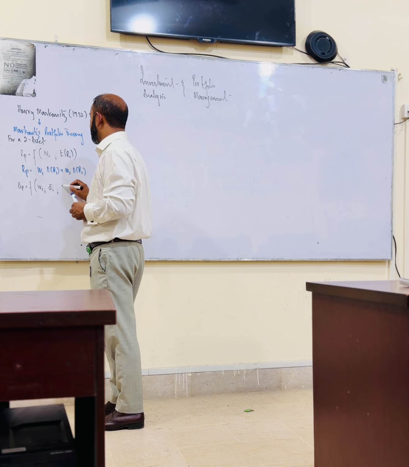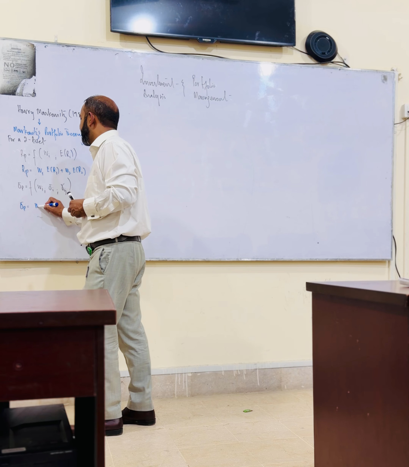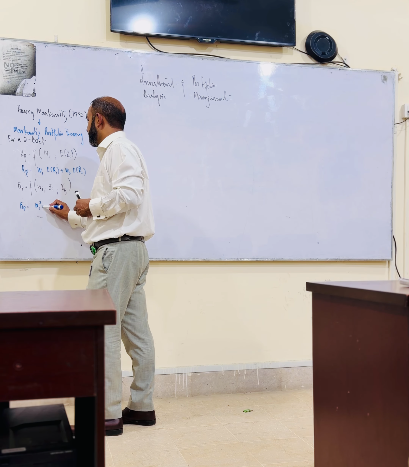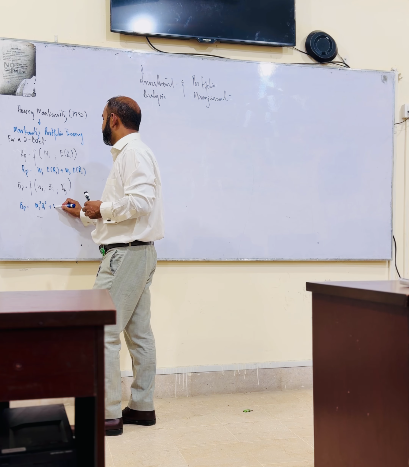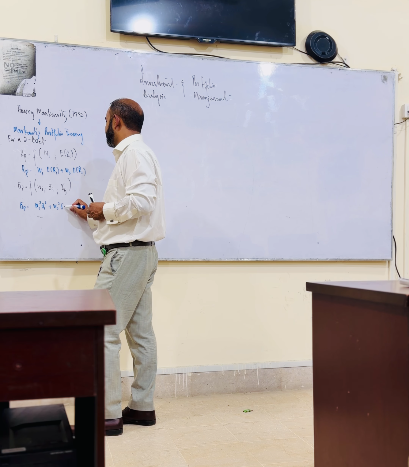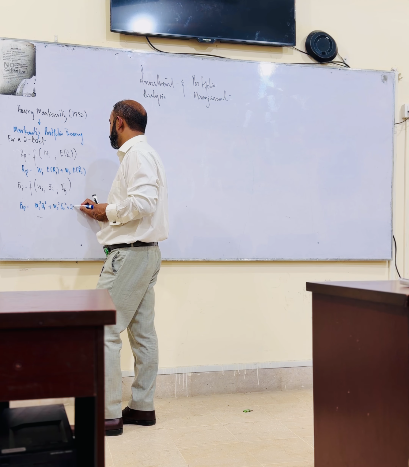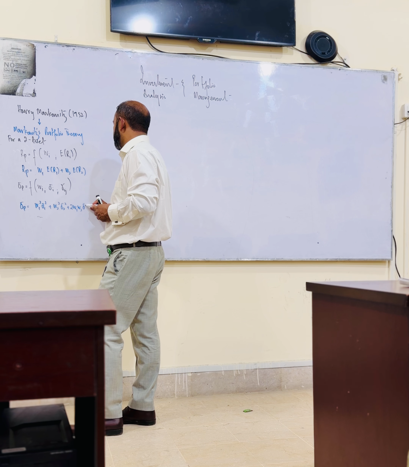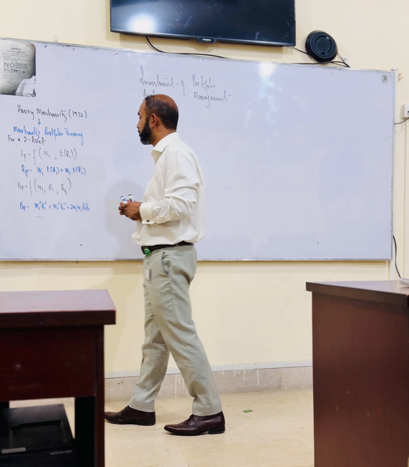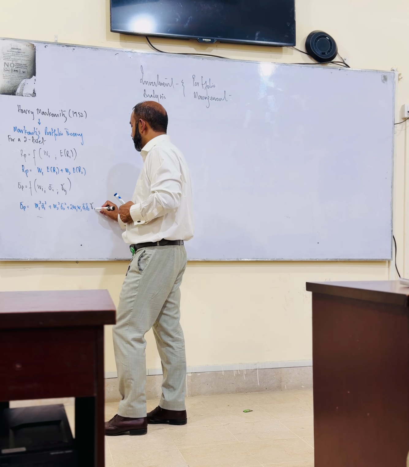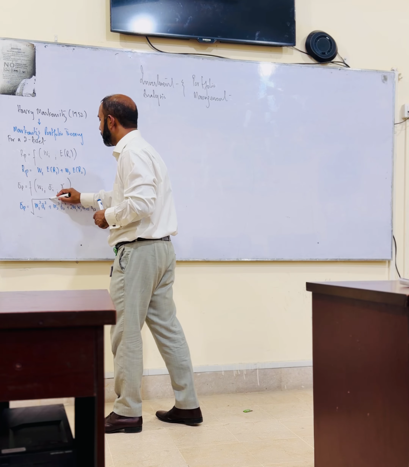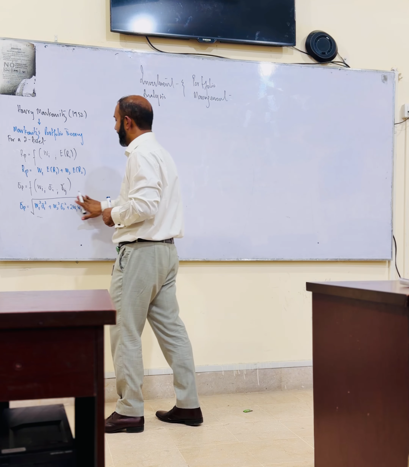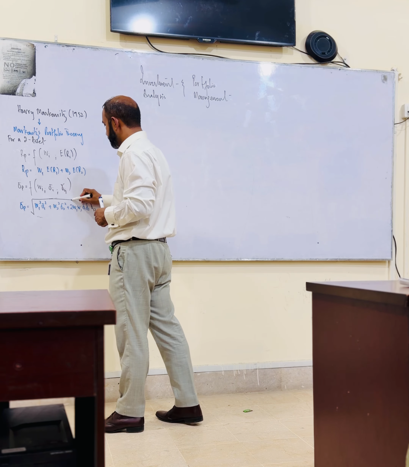For a 2-asset portfolio, if I write it down as a formula, the risk of the portfolio was the weight of the first asset squared, the standard deviation of the first squared, that is variance, then the weight of the second asset squared, and the variance of the second asset, plus 2 into weight of 1 into weight of 2 into standard deviation 1 into standard deviation 2, and very important, the correlation between the two assets, and under root of this entire equation.